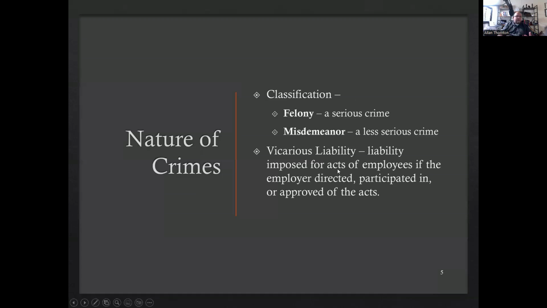Vicarious liability is liability that is imposed for acts of employees if the employer directed, participated in, or approved the acts.